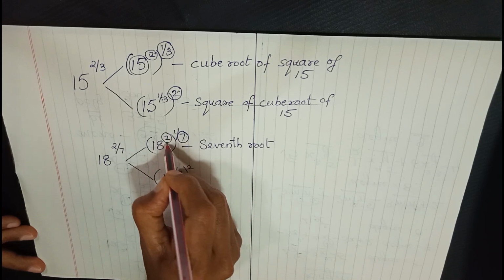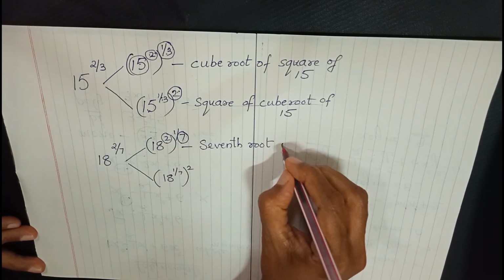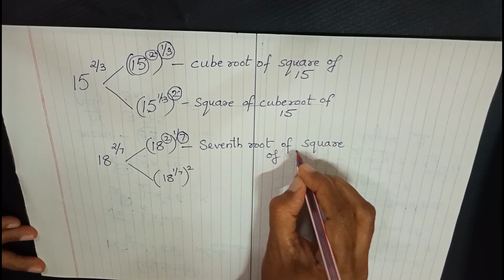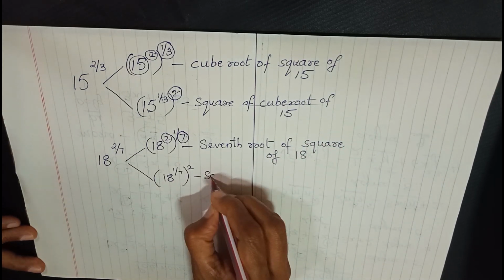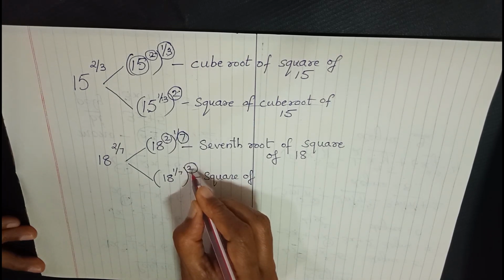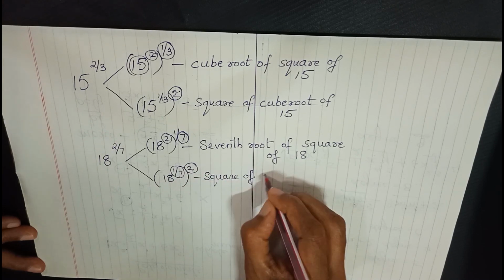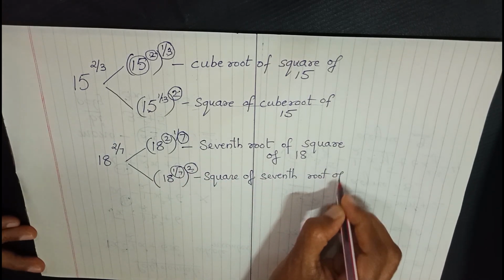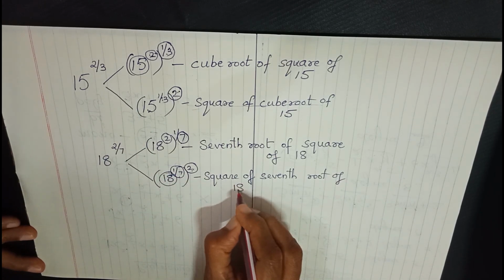This is the numerator, so it is the power. Similarly, this will be written as square of, right? We are starting from outside. Square done. Now this, seventh root of, and in the last, the number 18.